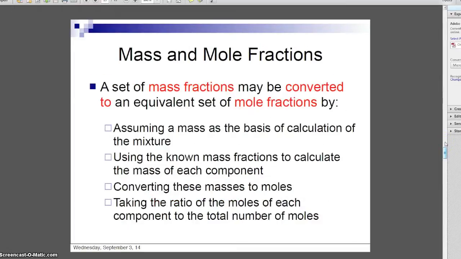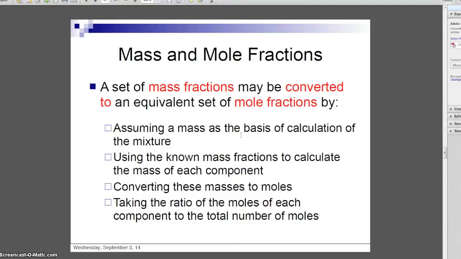Now, still on mass and mole fraction, let's say you want to change a mass fraction to a mole fraction. Yes, you can do that. At first, you have to assume the mass as the basis of calculation of the mixture.